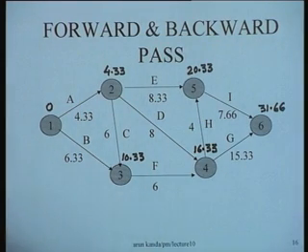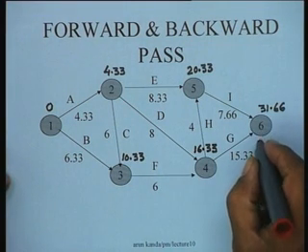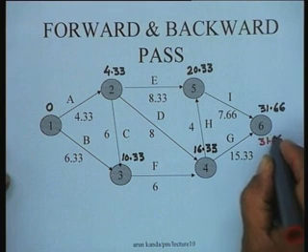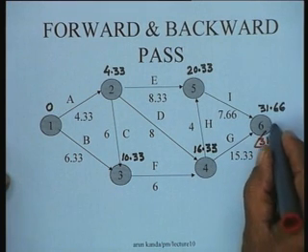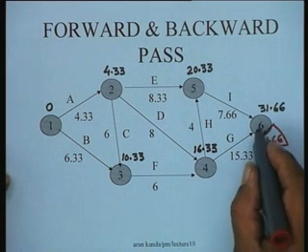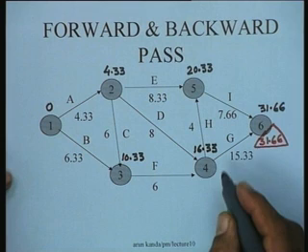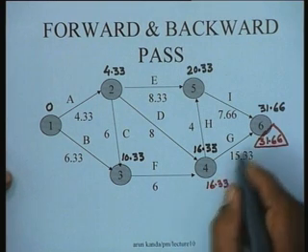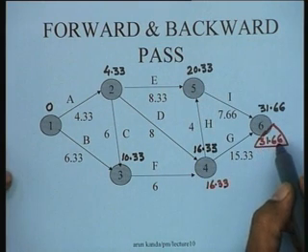So let us do a backward pass. Let me use a different color for the backward pass. Let's say this value is 31.66. This is the value of the latest occurrence time of node 6. Sorry, we'll first have to compute the value of node 5. 31.66 minus 7.66 is going to be 24.